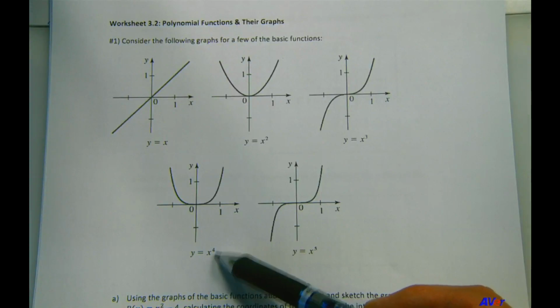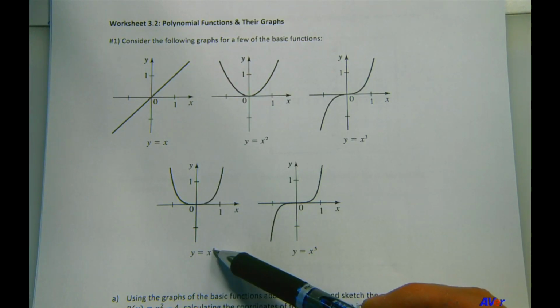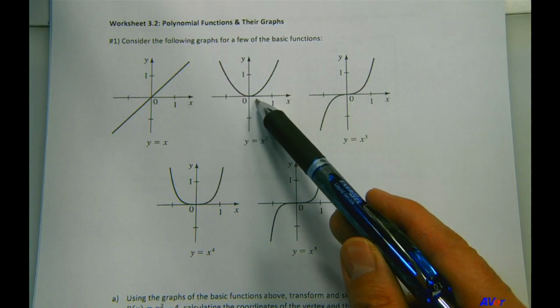So when you raise x to even powers, 2 and above, it basically does that. If the power is just 2, you get the graph of the quadratic function, which is that.